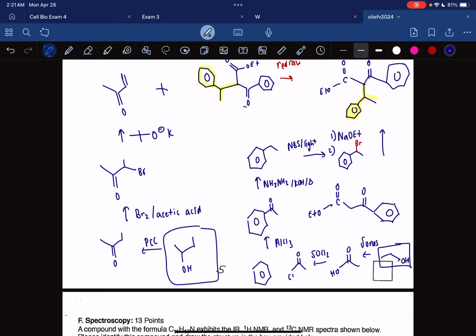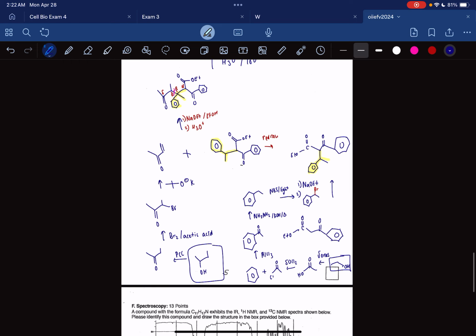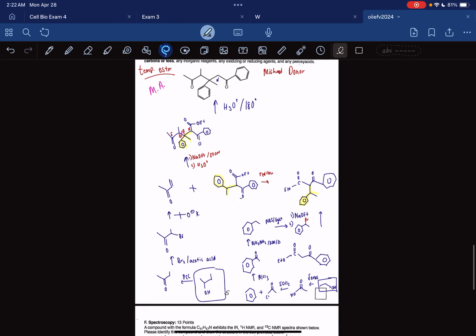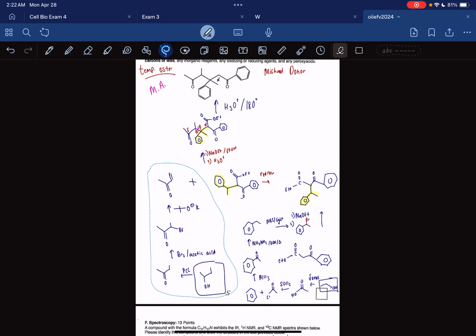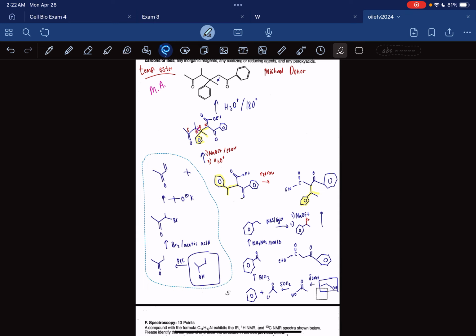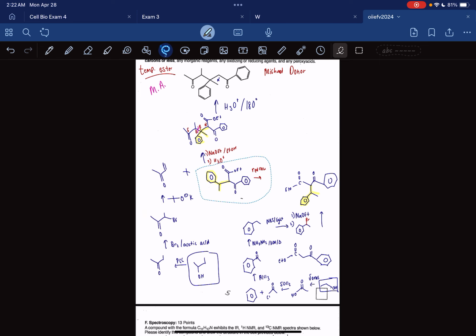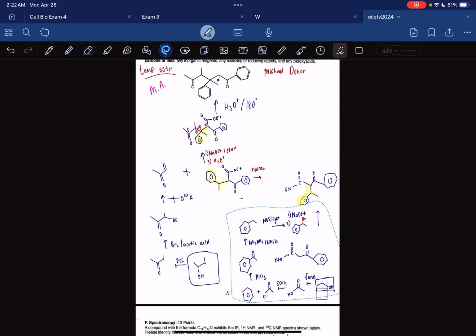All that's left to make now is the actual Michael donor. So let's make some space here. Let's move everything a little bit. Let's move this up, move this a little bit more left here, and move this here. And we can move all of this more to the left.